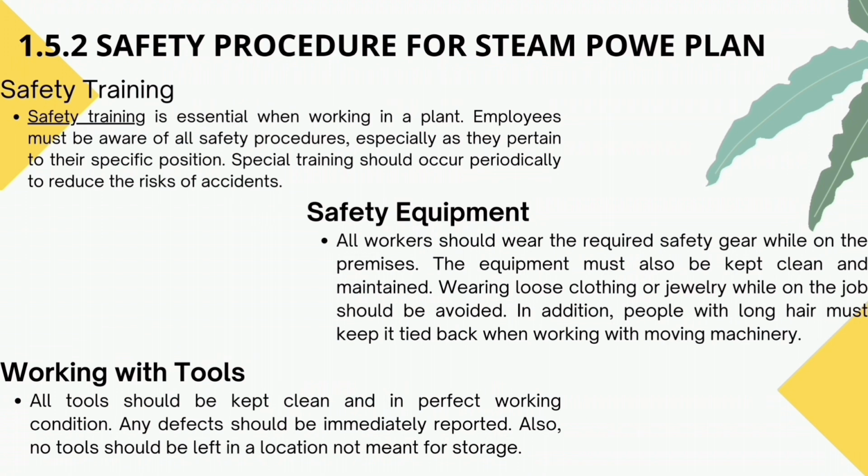Safety equipment. All workers should wear the required safety gear while on the premises. The equipment must also be kept clean and maintained. Wearing loose clothing or jewelry while on the job should be avoided. In addition, people with long hair must keep it tied back when working with moving machinery.